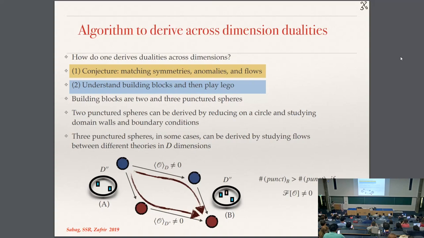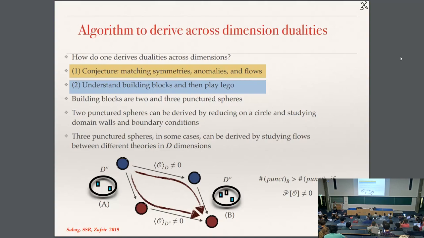So one can systematically understand compactifications on tubes, say, on a circle to 5 dimensions, then put boundary conditions and try to understand what compactification on a circle times a line gives you in 4 dimensions, and understand flows between 6-dimensional theories and the interplay between turning on background fields when you compactify, the fluxes for global symmetries, and punctures to derive a certain algorithm to derive general cross-dimensional dualities.